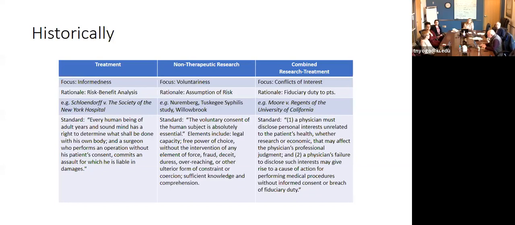The prime example of that is the famous Moore case of the patient who had hairy cell leukemia and was treated extensively by a physician who was actively pursuing a patent on a treatment for that condition, and ran a number of tests and obtained a number of biospecimens that arguably were not part of treatment at all, and didn't tell the patient that those things weren't necessary for treatment.